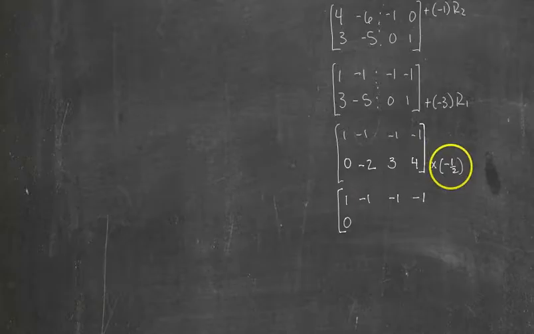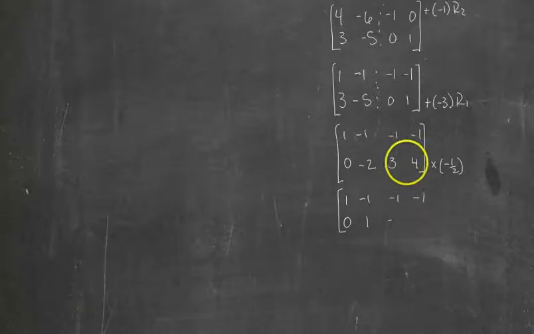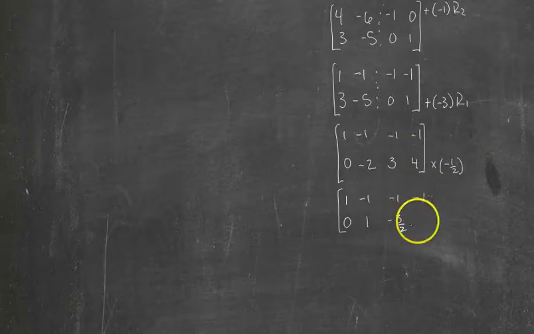So negative 2 times negative 1/2 is 1. 3 times negative 1/2 is negative 3/2. 3 times negative 1/2 is negative 3/2. 4 times negative 1/2 is a negative 2.